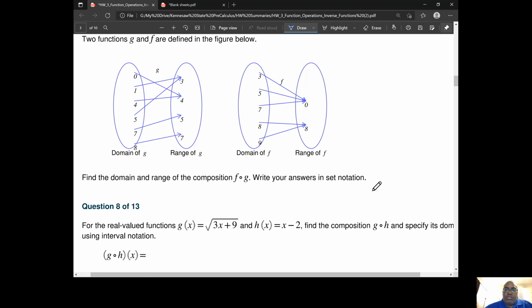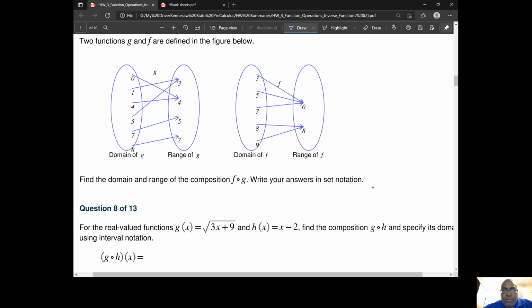I'll write it over here. So the domain of f of g of x, and then the range of f of g of x. All right, so the domain. This is how we would do this.